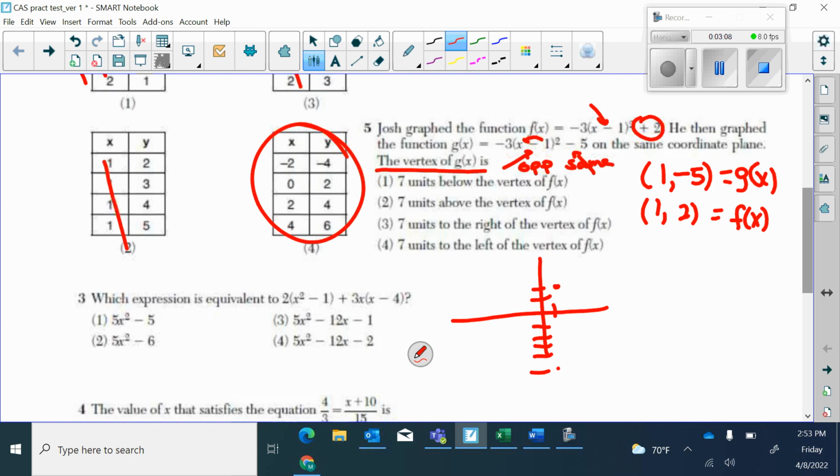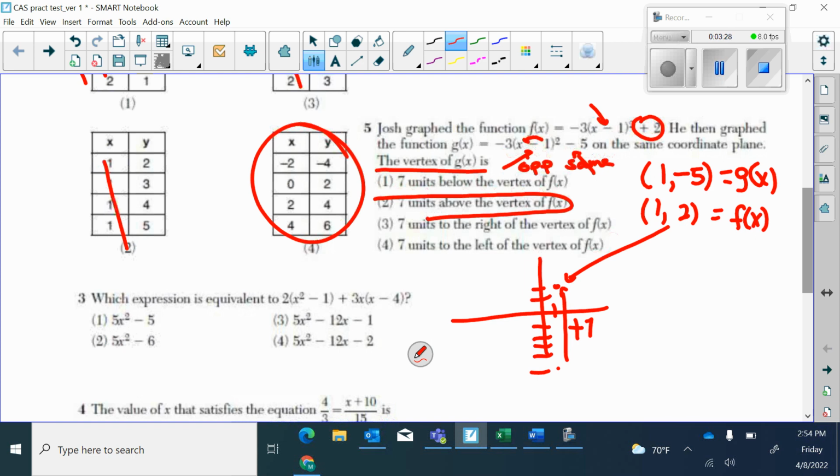If you can't visualize it yourself, plot them, and you can see that this one is 7 units above the vertex of g of x itself.